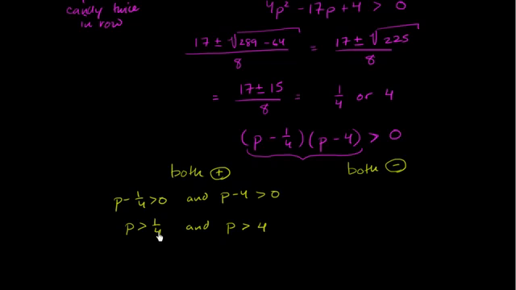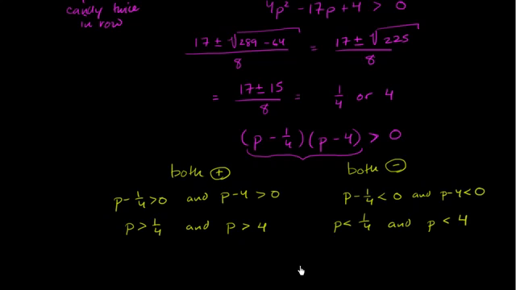So that's the situation where they are both positive. Now, what about if they're both negative? Well, then you have p minus 1/4 is less than 0, and p minus 4 is less than 0. Add 1/4 here. So p needs to be less than 1/4, and p needs to be less than 4.